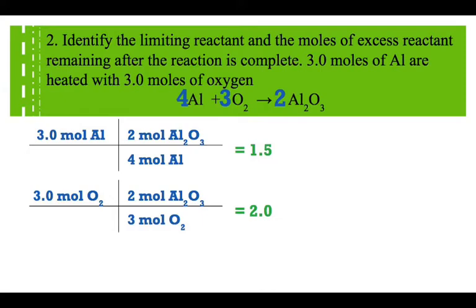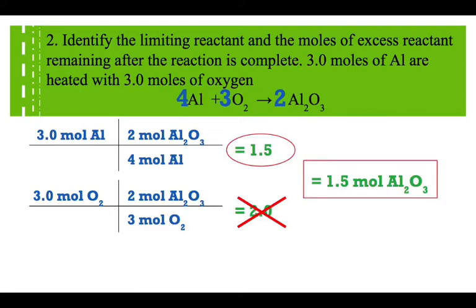So even though I put in equal amounts, because my balanced chemical equation needs more aluminum for each time this reaction happens, the aluminum ran out first. So our smaller answer is still our final answer, making sure we got our number, unit, substance all together in that final answer. This also means that aluminum is our limiting reactant, like it was asking us to identify.